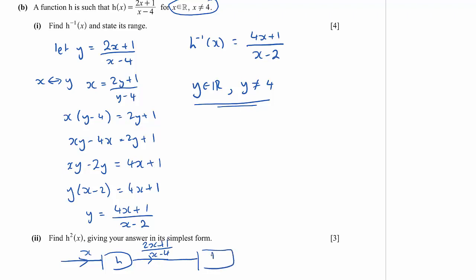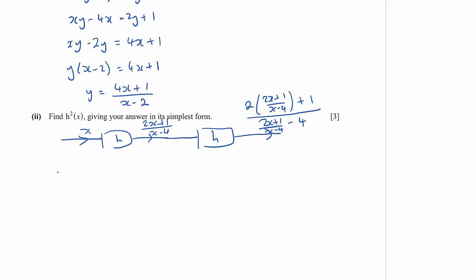And if we put that into h again, everywhere where there's an x here, we now need to put this expression. So we're going to get 2x plus 1 over x minus 4 plus 1 over 2x plus 1 over x minus 4 take away 4.